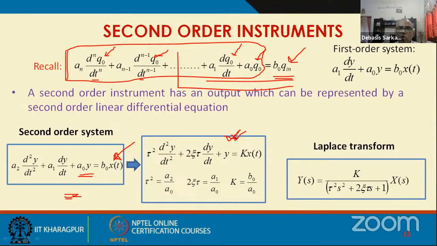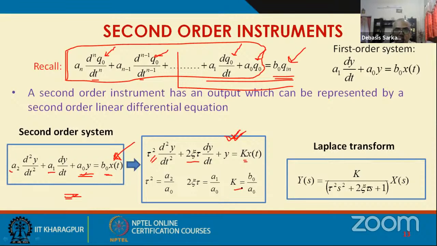This equation you are also familiar with from the process control class as the second order differential equation for second order systems. Now tau square corresponds to A2 by A0, 2 zeta tau corresponds to A1 by A0, and the B0 by A0 term corresponds to K.